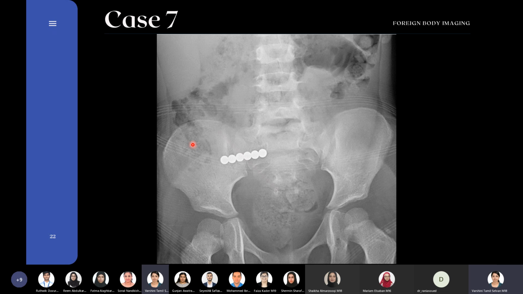This, of course, raises concerns about impaction in the patient's terminal ileum. Impaction is basically when the stool gets more compressed and starts collecting in one region, and it can cause a lot of problems in the bowel.